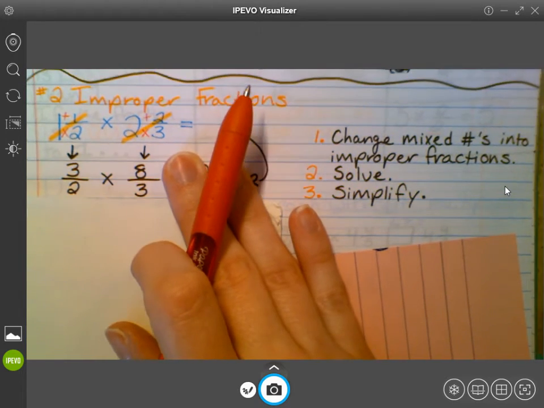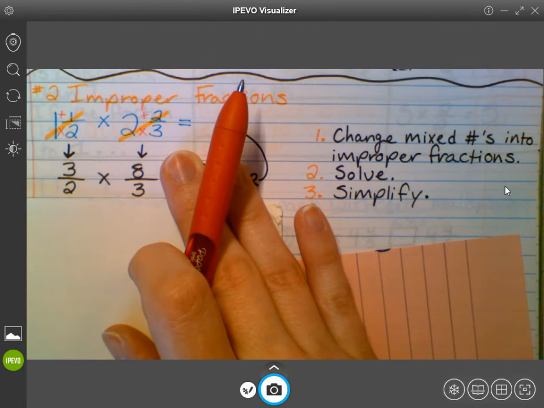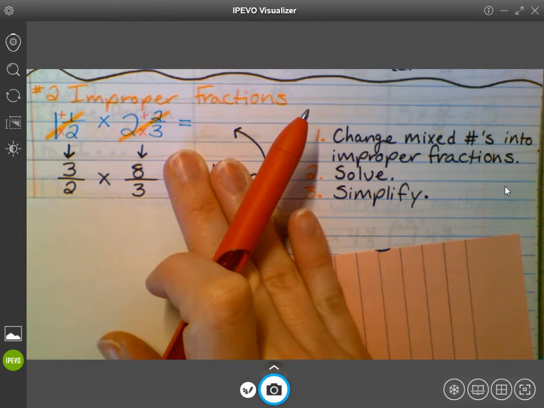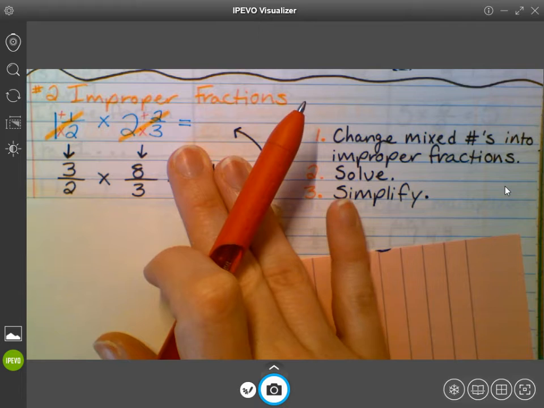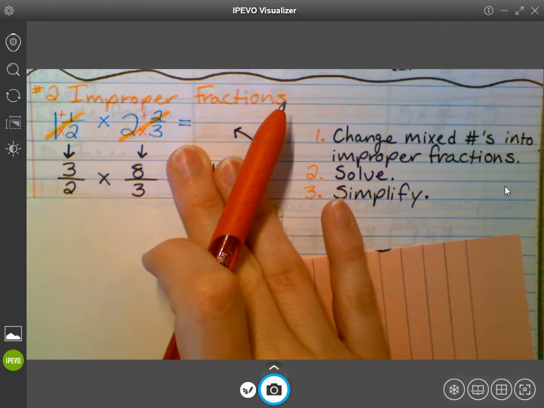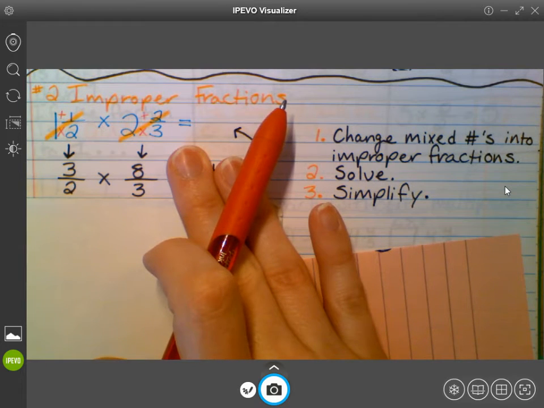So now we have 3/2 times 8/3, and we know how to multiply fractions already, right? Yep. Go ahead and multiply those two together. See what you get. And don't forget, once we solve, our third step is always to simplify. So if you're able to simplify, you need to simplify. Yep, sounds good.